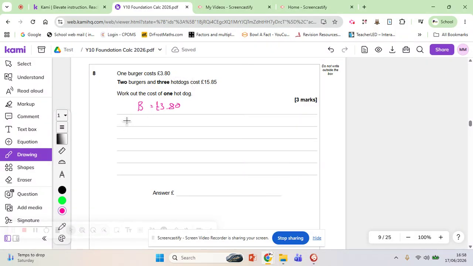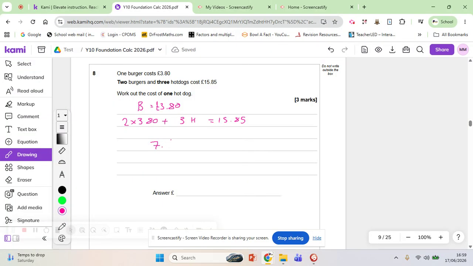Then it's saying that 2 lots of the burgers, so if I say 2 times by 3.80 plus 3 hot dogs, so let me just say H for hot dogs, and that has to equal 15.85. So what I could do is, if I do my 2 times by 3.8, I get my £7.60.